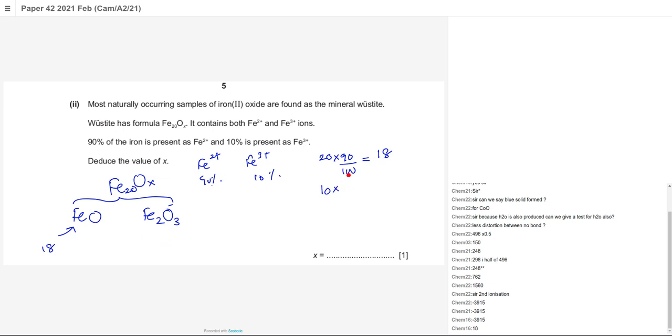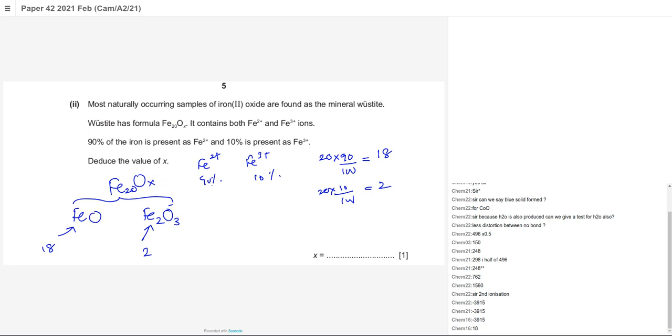Fe3+ has to be 2. So out of 20, Fe2+ is 18 and Fe3+ is 2.